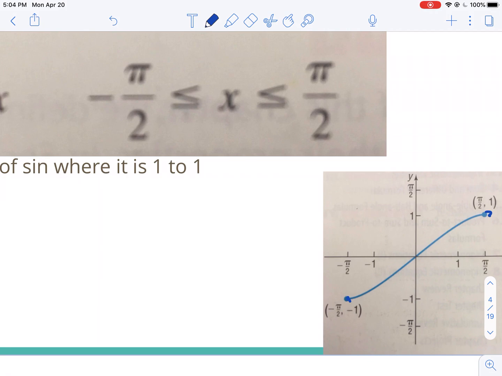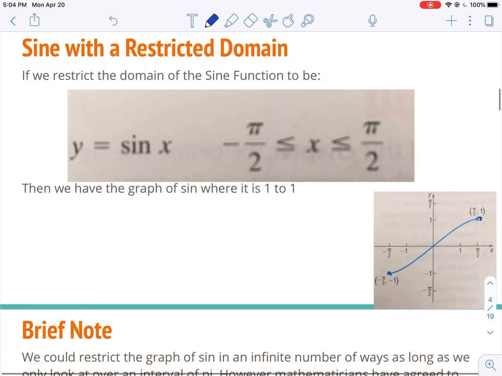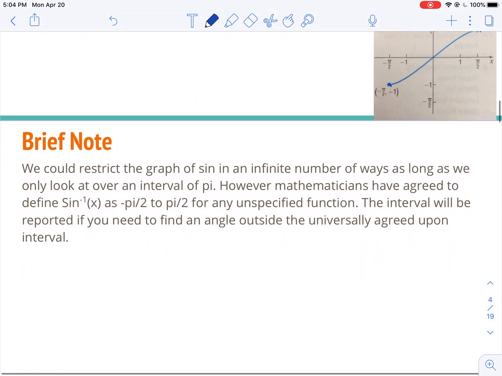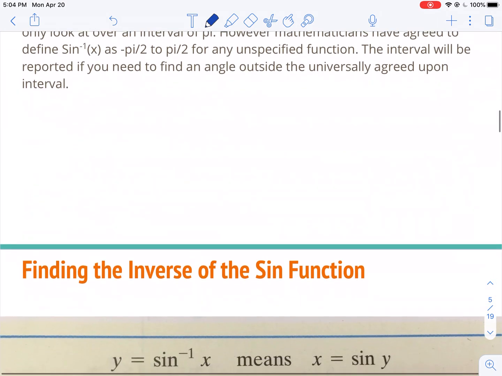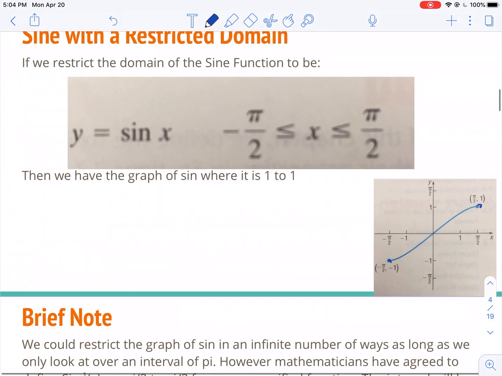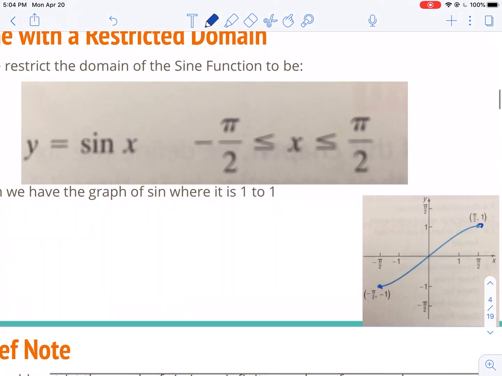We can clearly see that it's passing the horizontal line test at this point. So now when I create the inverse function, I can say, all right, when I reflect it over the line y equals x, it's going to look something like this.